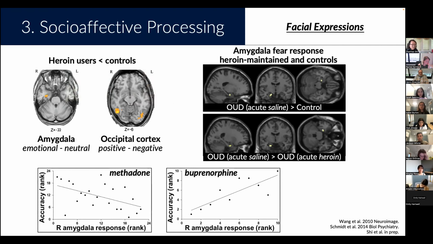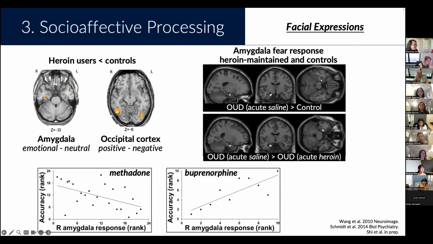And for our own study, we asked another question. Instead of looking at brain activation alone, we asked whether there's a correlation between the brain response and how well they can differentiate between different emotions. So we correlated brain response with their behavioral accuracy in this emotion recognition test.